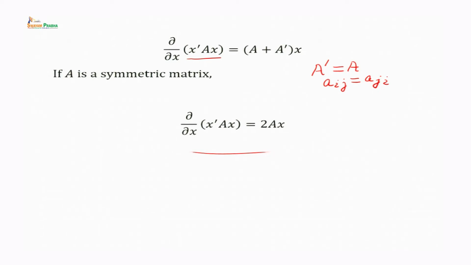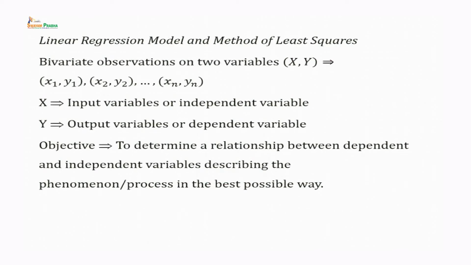Again, I repeat that I have not given the detailed proof of these results, and if you are interested in the detailed proof, then you must consult some good matrix algebra book. My objective is just to introduce all these results related to matrix algebra, which we may require for future lectures.